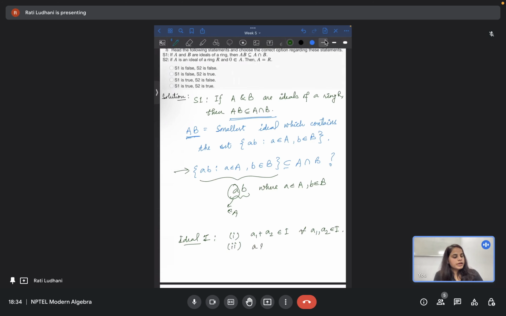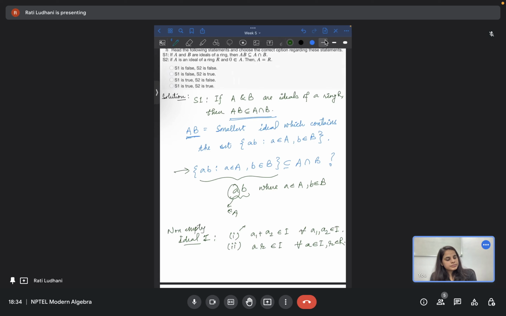Second, a into r should belong to I for all a belonging to I and r belonging to the ring R. Actually, we should start with a non-empty set.